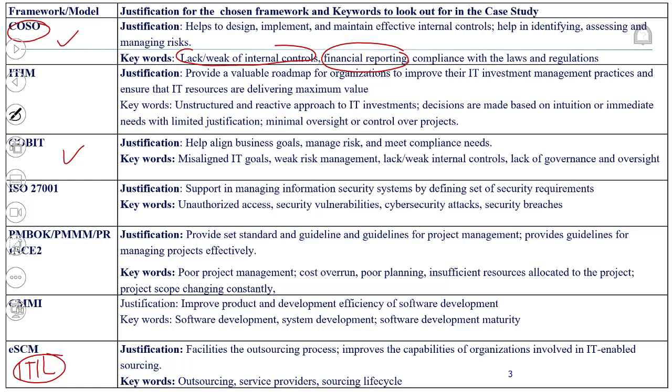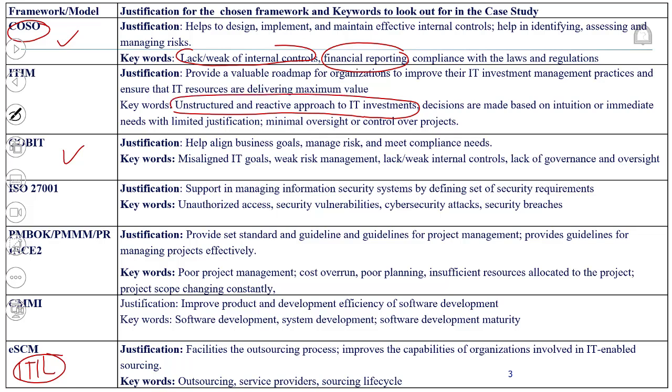ITIM is something that you've already covered, and I think it was tested quite heavily in the other exams that we did. But one of the things that tells you there's a problem with the IT investment in an organization is if the IT investments are ad hoc. In other words, it's unstructured.